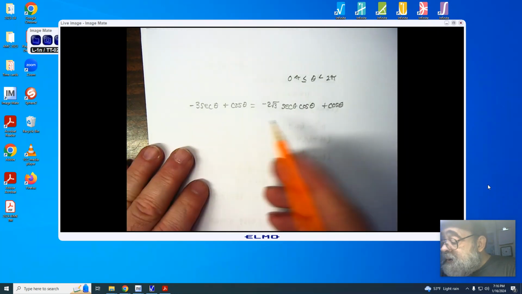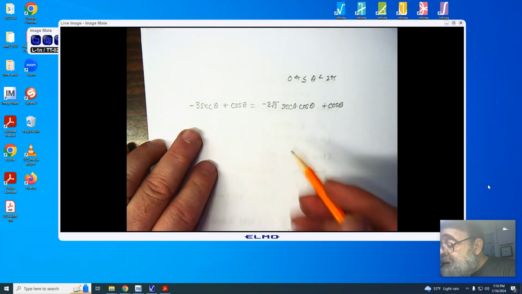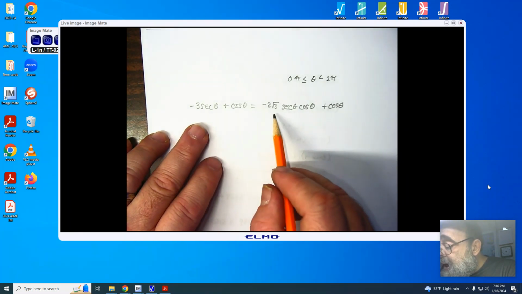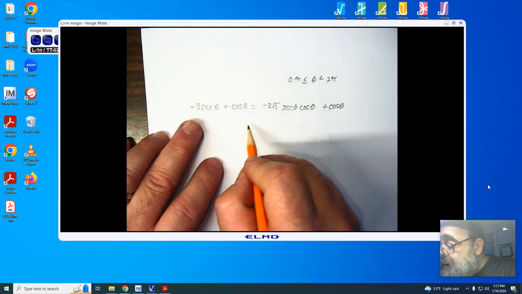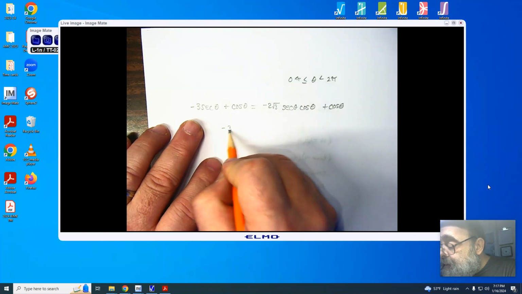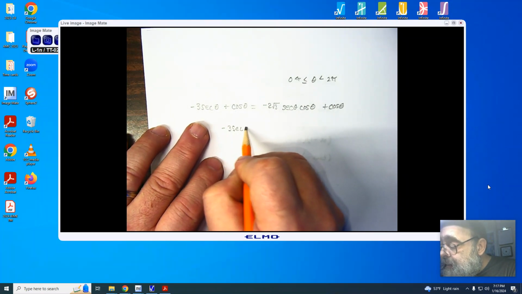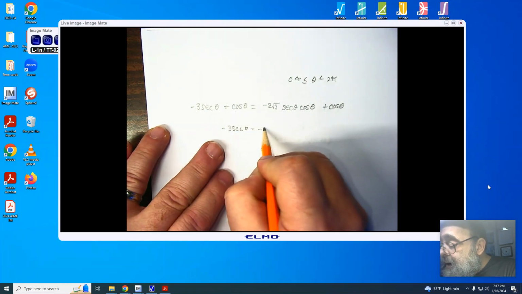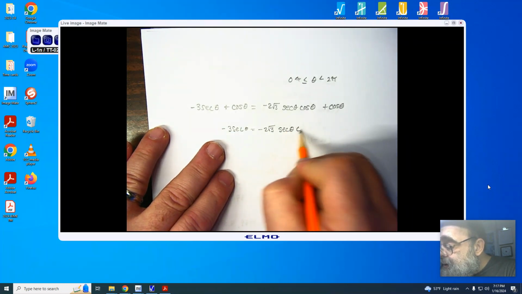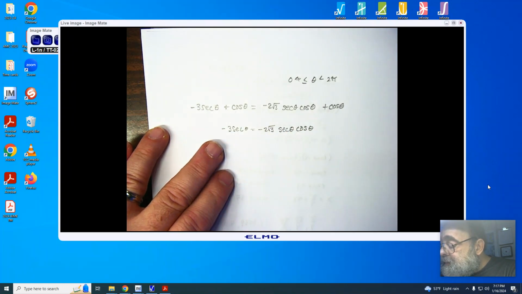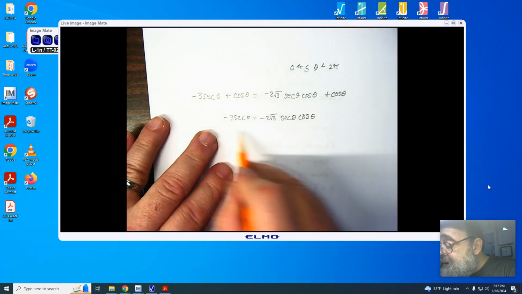All righty. So let's go ahead and solve. That means that I'm going to take the cosine and subtract it on both sides so that I have -3 secant theta is equal to negative 2 root 3 secant theta cosine theta. And I'm going to move the 3 secant theta over.